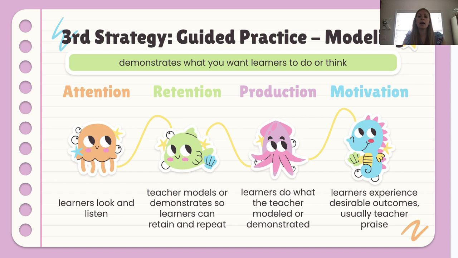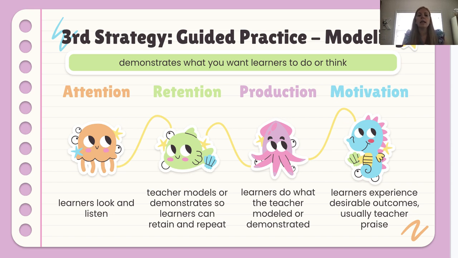Next is still the same part, but guided practice is using modeling. So first you want that attention, making sure you see what their learners are doing and thinking. If you see that glazed look, then you need to come back together and have them relook at how to do adding and subtracting fractions.